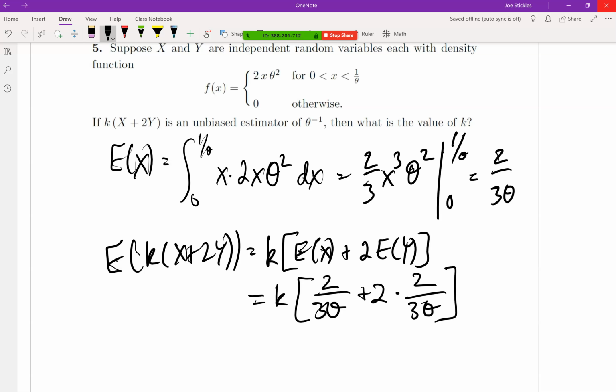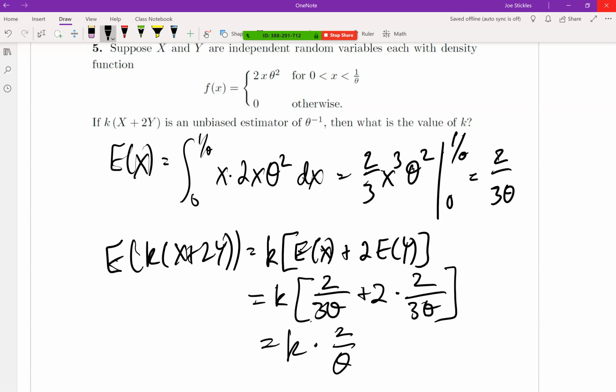So what do we get? We get 2 over theta, because 4 over 3 theta plus 2 over 3 theta gives us 6 over 3 theta, which reduces to 2 over theta.